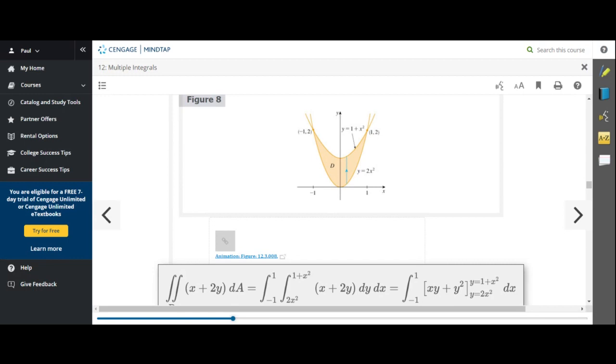Are there any questions on figure 8 and the double integral that you see right there?